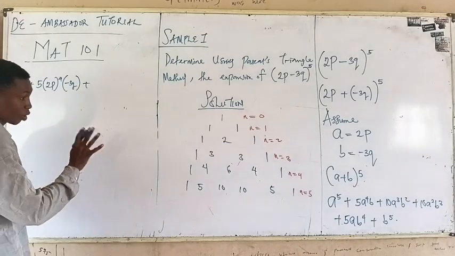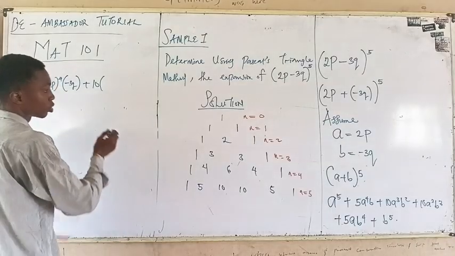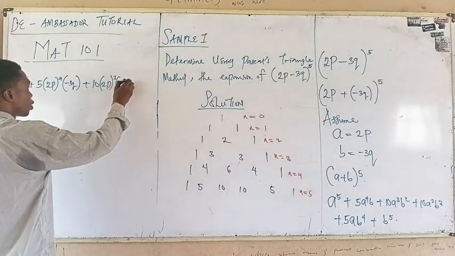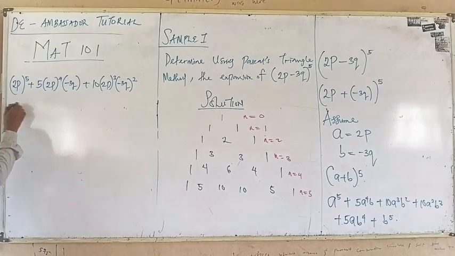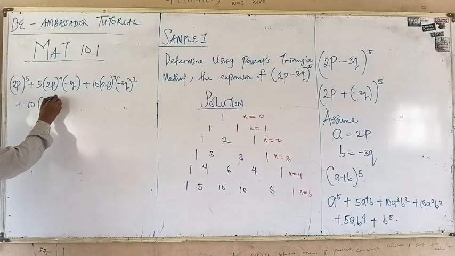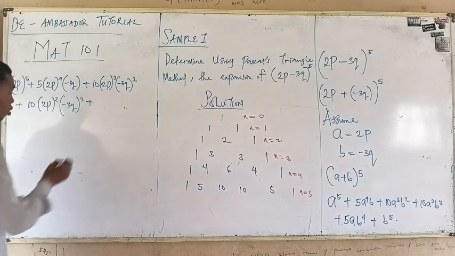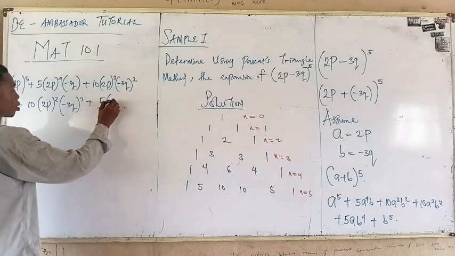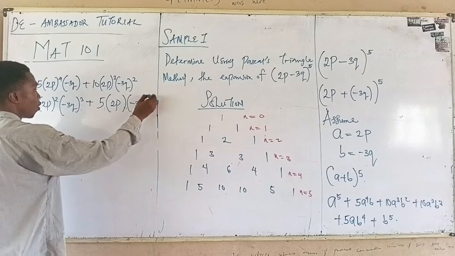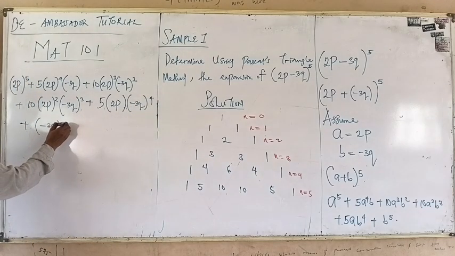Is it minus 10? Calm down, let's start with that first. Plus 10, then A is 2p in the power of 3, then −3q in the power of 2. The next one, 10, (2p) in the power of 2, then (−3q) in the power of 3. The next one, 5, (2p), then (−3q) in the power of 4, then plus (−3q) in the power of 5.